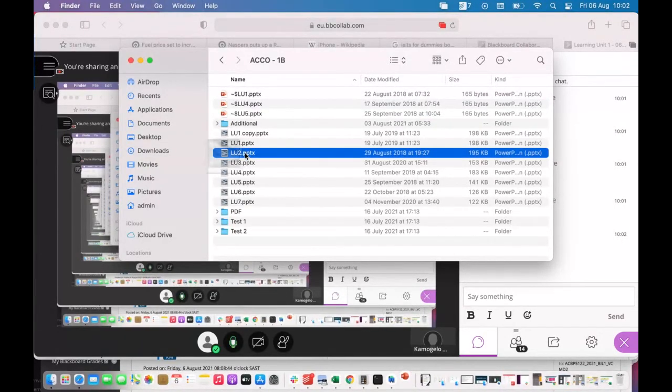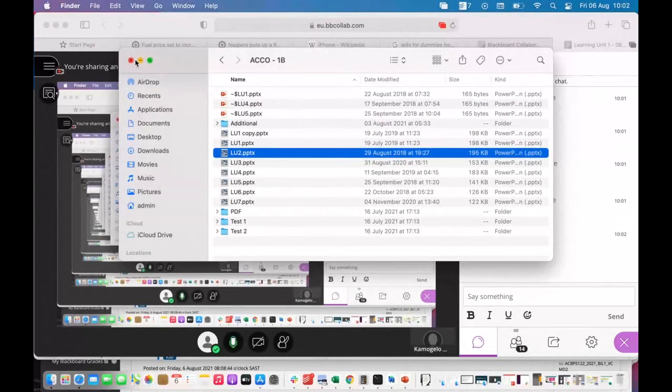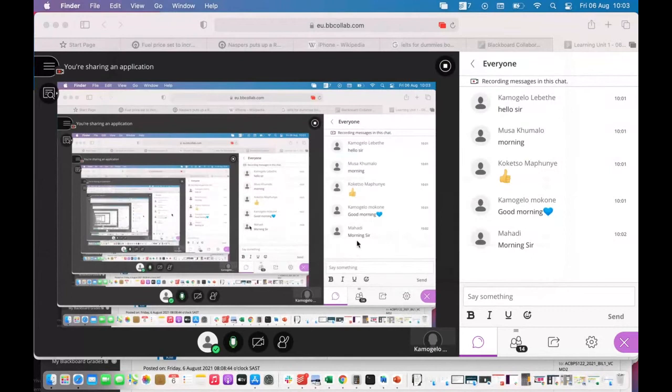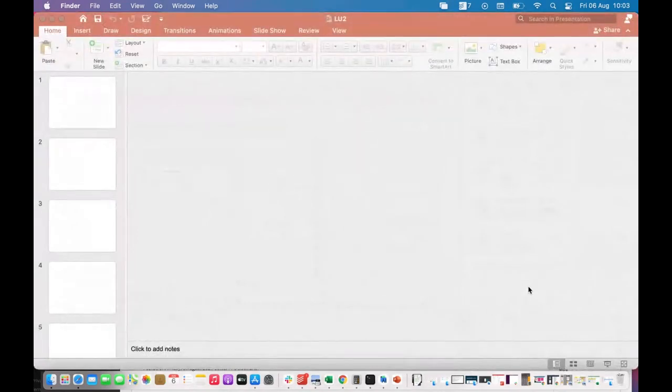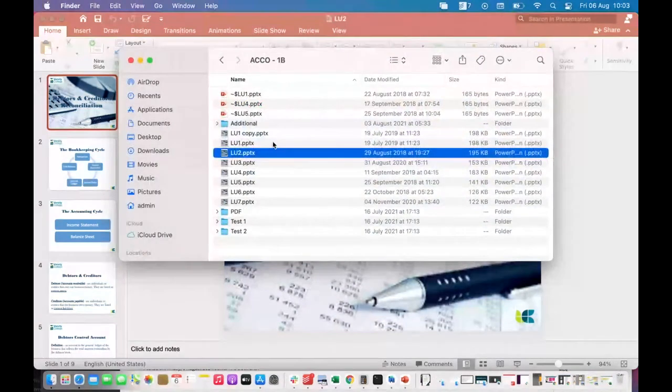And I should warn you, accounting 1B is more detailed than accounting 1A. So we just need to be on top of our game from the word go. But that said, I have no doubt in my mind that you guys are more than capable of doing just that.